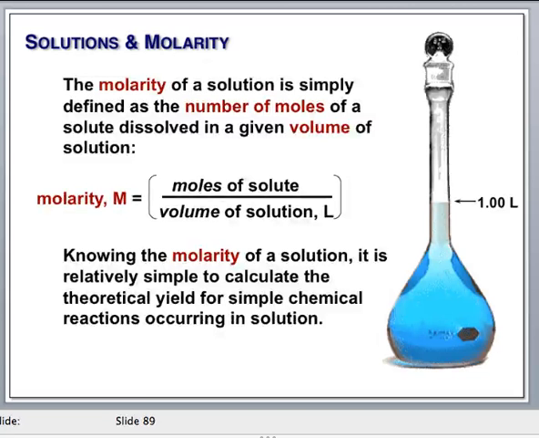All right, we were talking about molarity, solutions and molarity. Very simple concept, really. To calculate molarity, that's an uppercase M, you simply take moles of solute and divide it by the volume of your solution in liters. Now, there are 3 tutorials for Chapter 7.